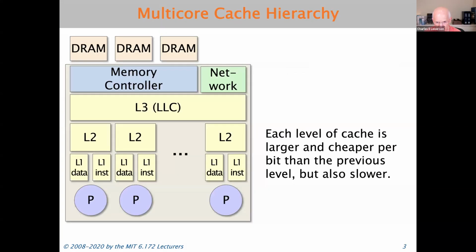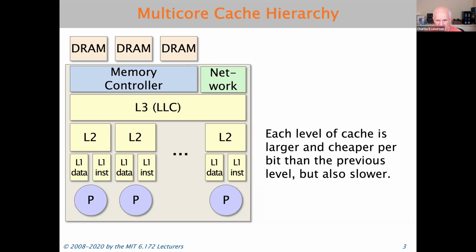L2 cache. For this machine, the cores share an L3 cache, which is also called LLC, the last level cache, because it's the last level on the processor chip before you go out over the pins of the chip to external DRAM, typically memory.